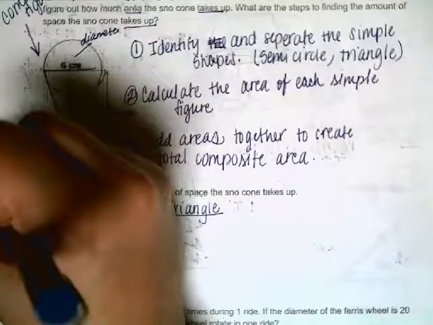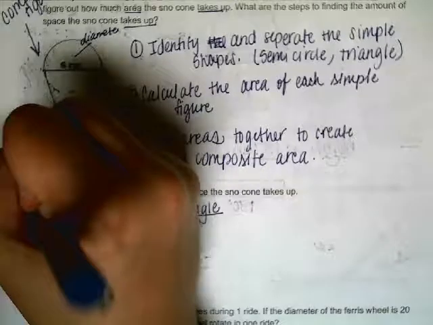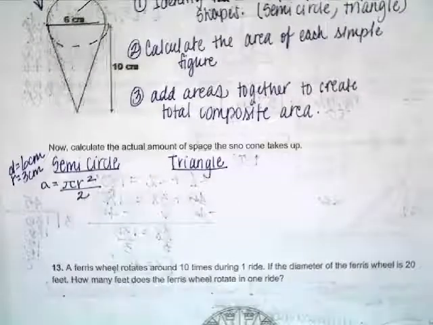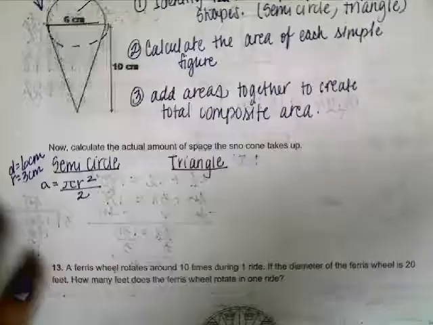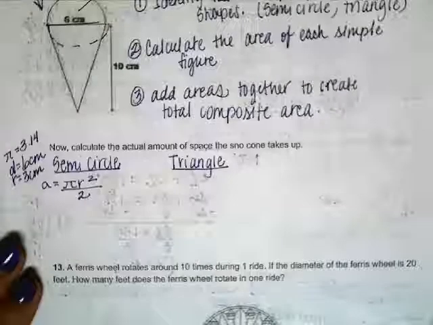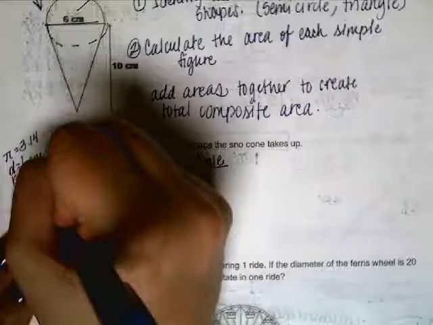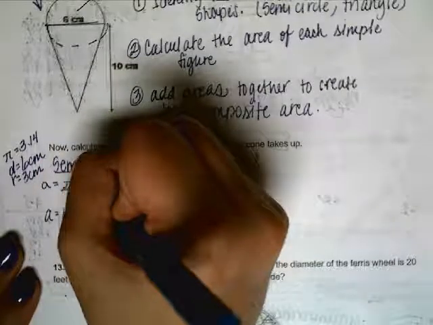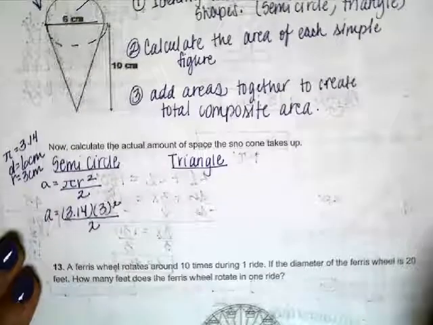If your diameter is 6 centimeters, that means your radius is going to be 3 centimeters. And then pi is 3.14. Area equals 3.14 times 3 squared. And then we need to divide by 2.